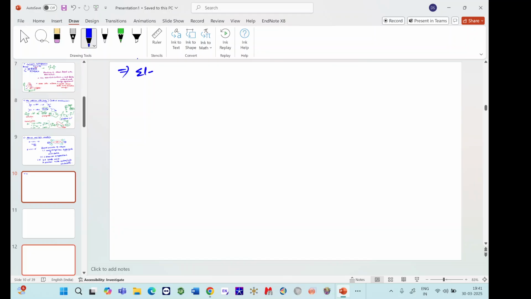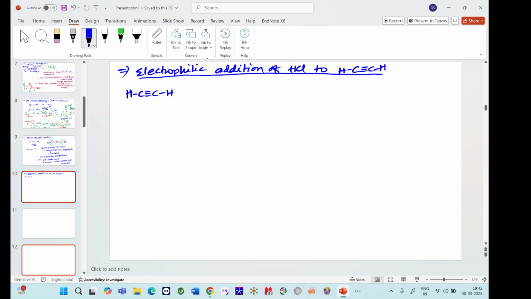First reaction is electrophilic addition of HCl to acetylene. Okay, so how this goes, like HCCH, and you have HCl.